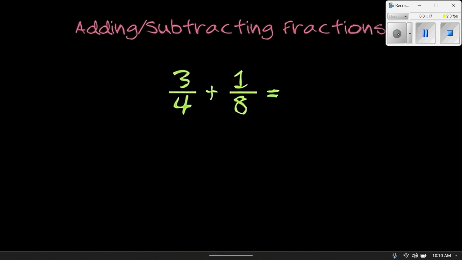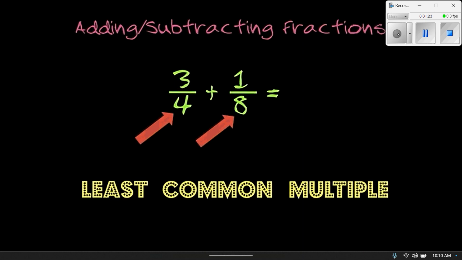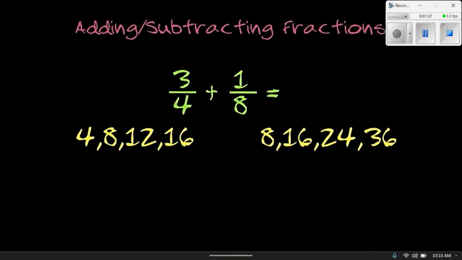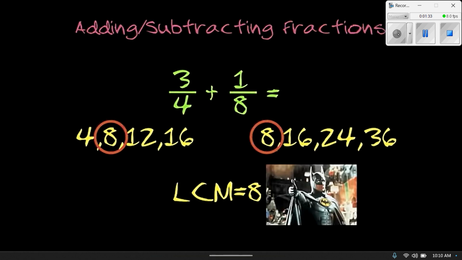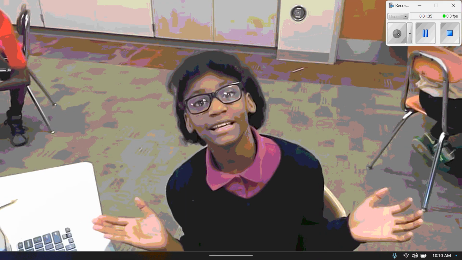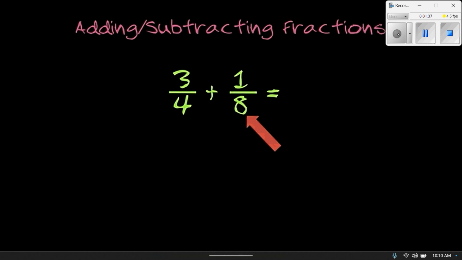Gotta check and see if the bottom is the same. Now I gotta stop and talk to LCM, the least common multiple. So I list the multiples of 4 and 8. I find that the LCM is 8.